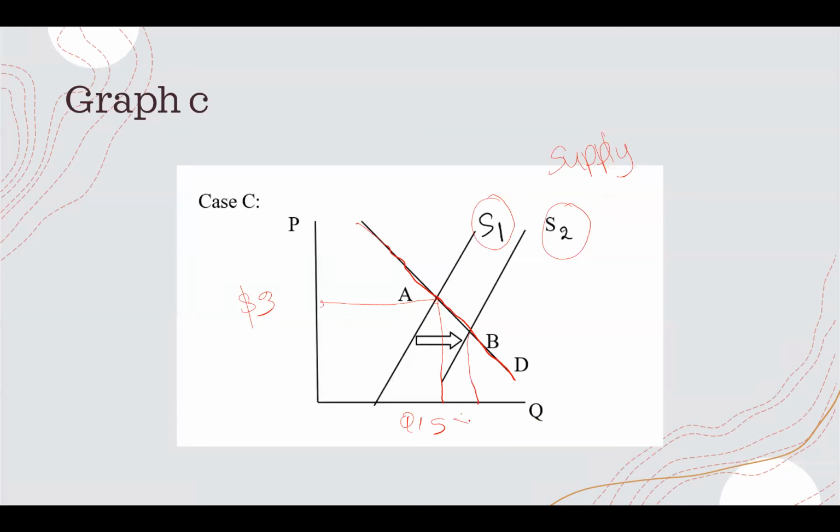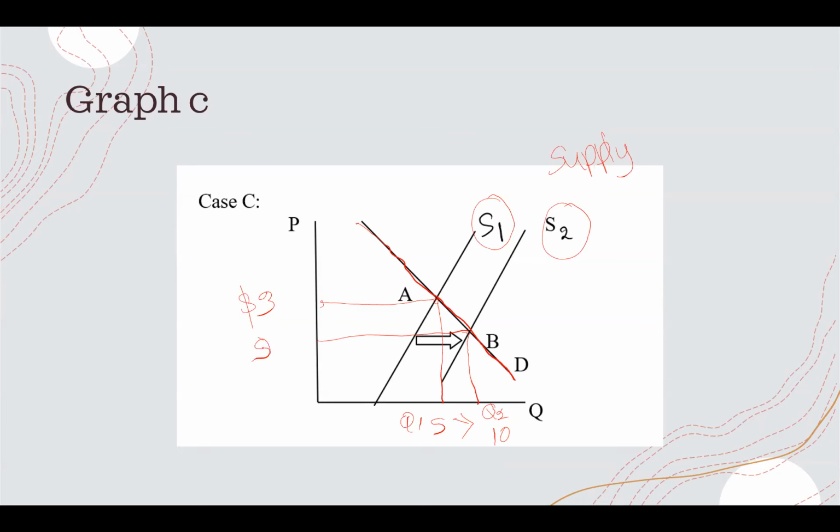Now the supply increases, so we have more goods in the market, and the quantity becomes 10. And the price, because there are more goods in the market, the sellers cannot increase the price.